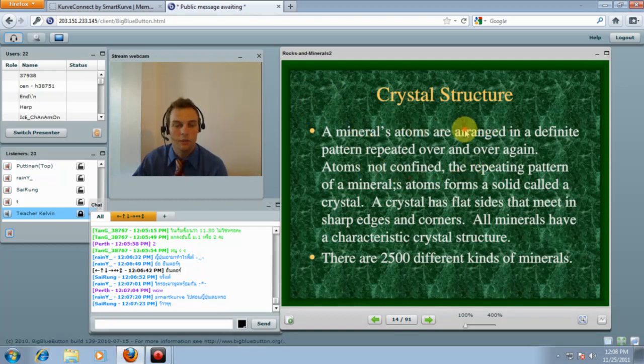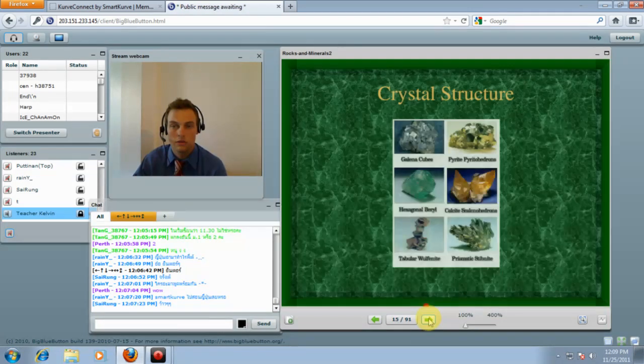That's just the different examples of very simple crystal structures. There's 2,500 different kinds of minerals. So again, these are naturally occurring, inorganic solids with a crystal structure. So there's a ton of them, but they need to meet all of these in order to be a crystal or a mineral.